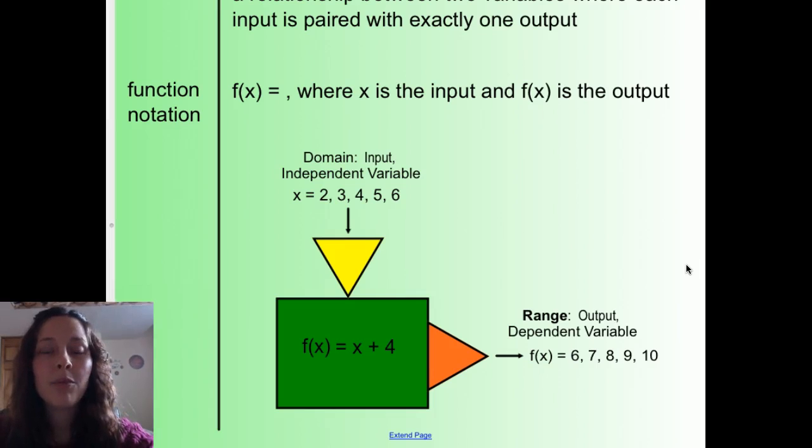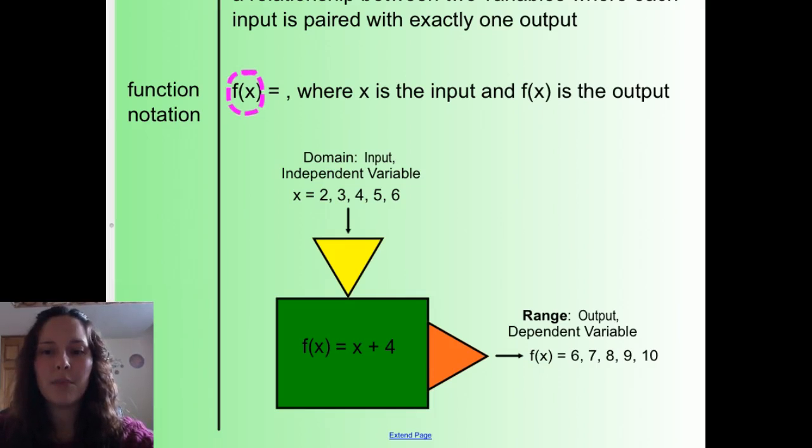What we're going to be focusing on is what's called function notation. So if you take a look at this f of x right here, this is not f times x. We use parentheses to represent multiplication. This is what's called f of x. It's function notation. So x is the input, f of x is the output.